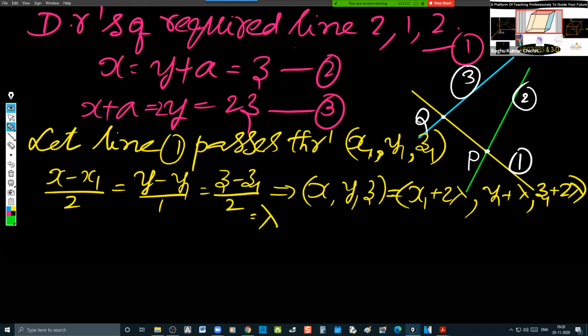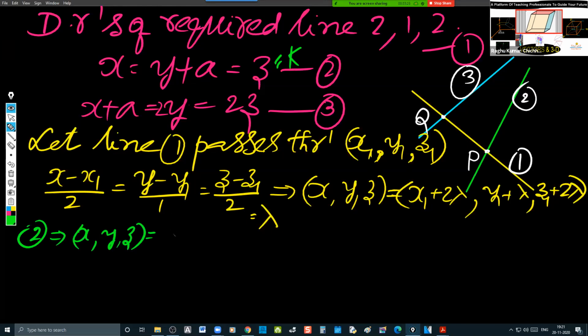Let us suppose this is something like K. Tell me the general point for line 2, please. (x, y, z) = (K, K minus a, K). It is for line 2, please.